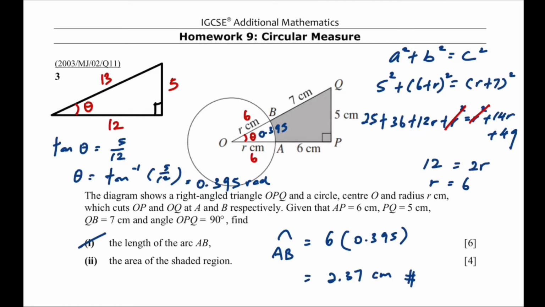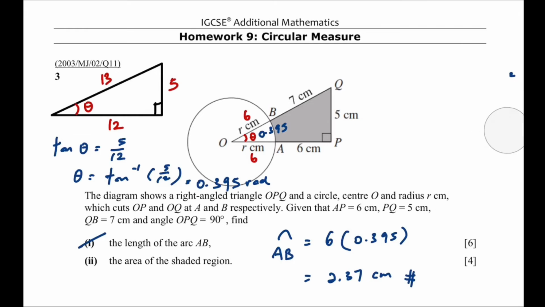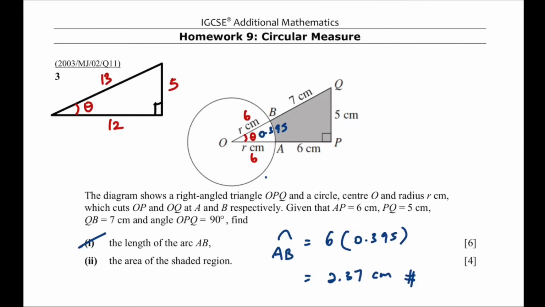Okay, now we have a look at the second question, the area of the shaded region. The idea is very clear. You have the area of triangle minus the area of sector. Very straightforward. Area of triangle, since this is a right angle, 5 and 12, so height and base, minus half r square theta.